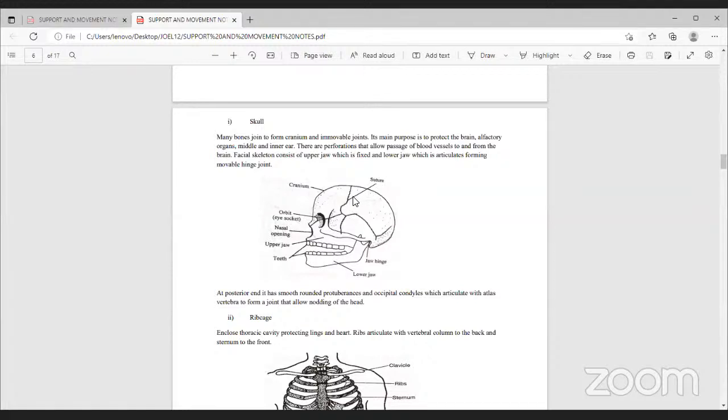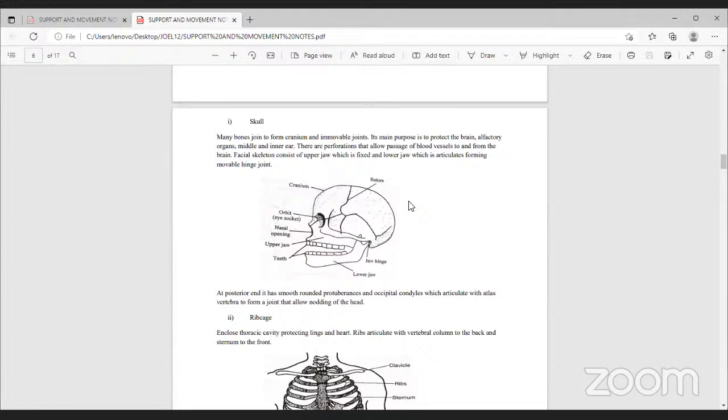We have so many bones joined together by an immovable joint called the suture to form a cranium. So one of the joints found on the skull is the suture, which is an immovable joint.